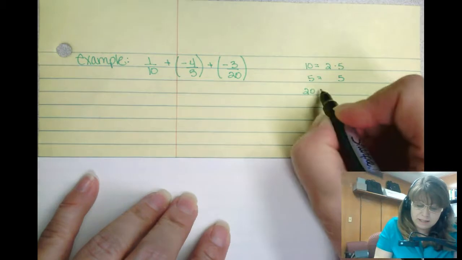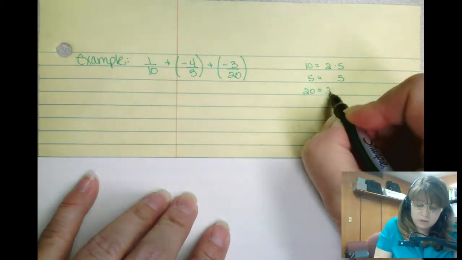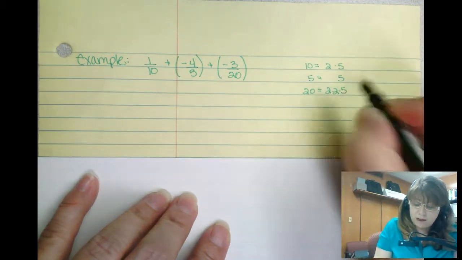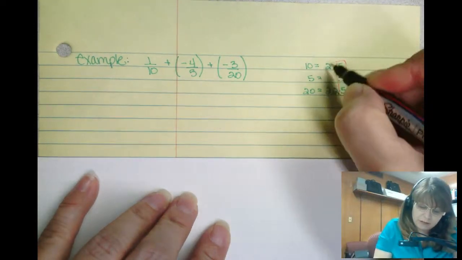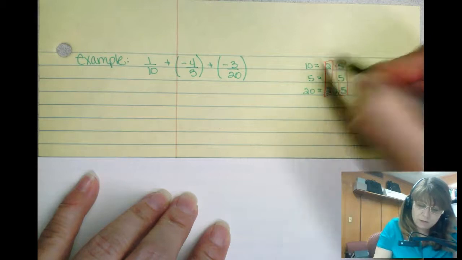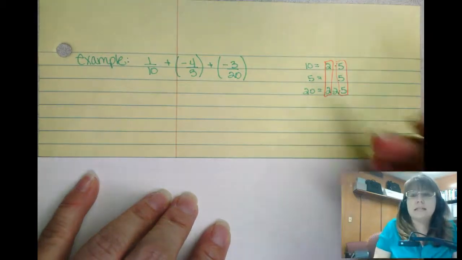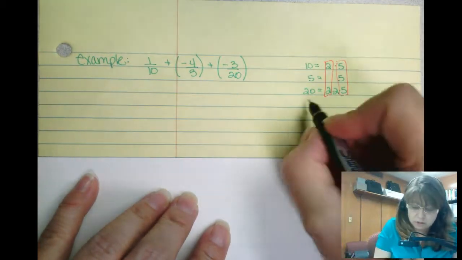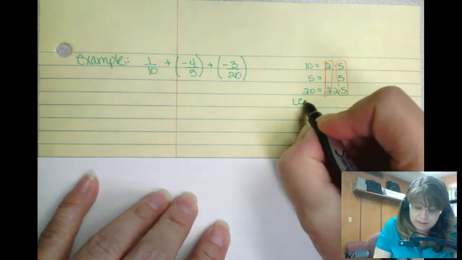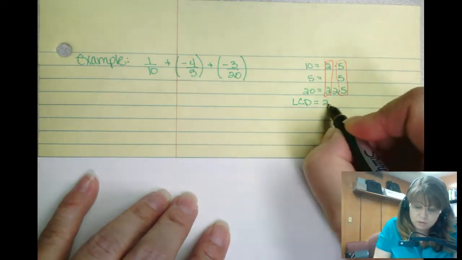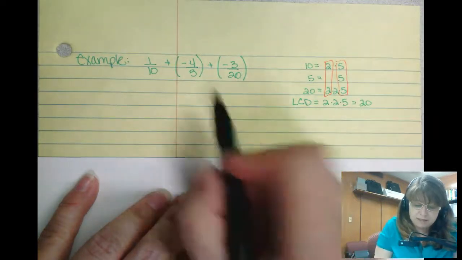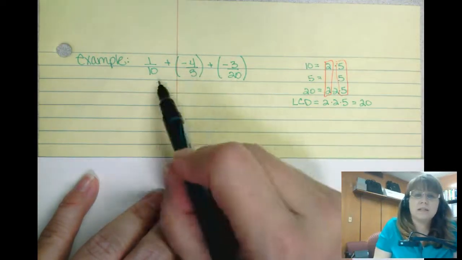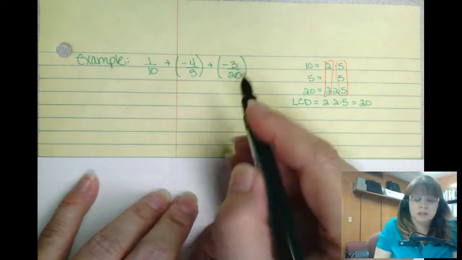And 20 is 2 times 2 times 5. Now it looks like they have a 5 in common, they have a 2 in common, and then they have a 2 that's not in common. So I still need to use it. So LCD equals 2 times 2 times 5, which is 20. And that makes sense because 5 goes into 20, 10 goes into 20, and 20 of course goes into 20.